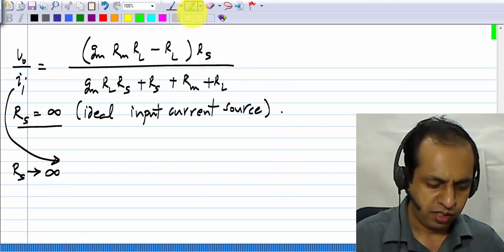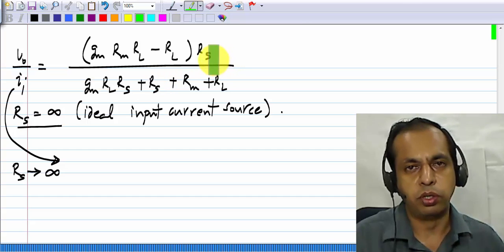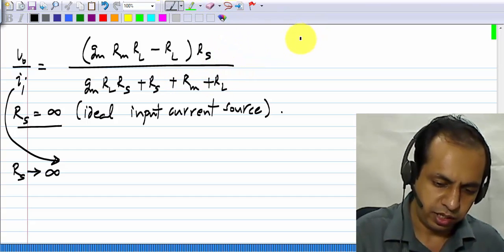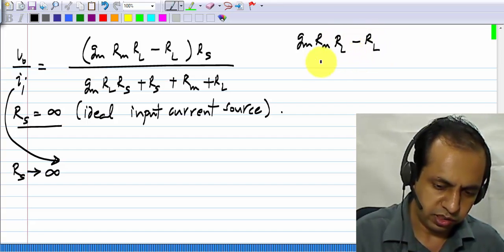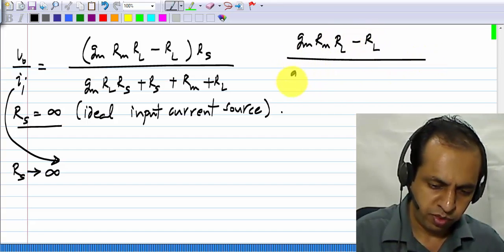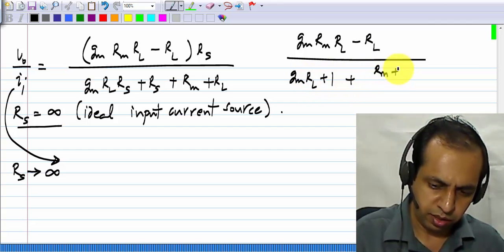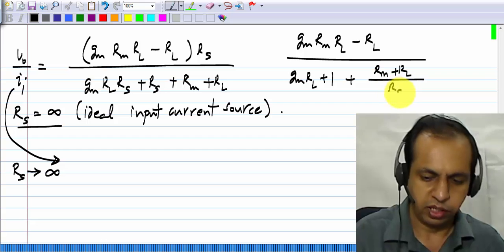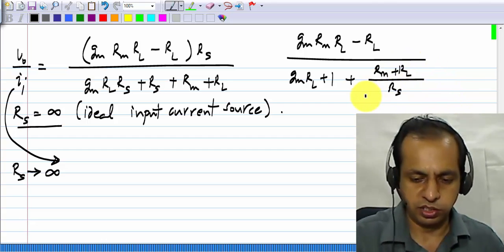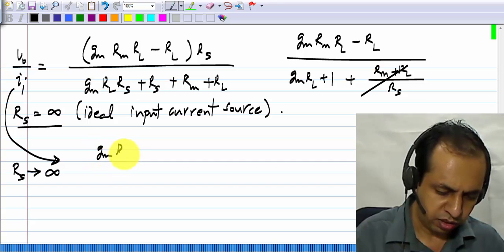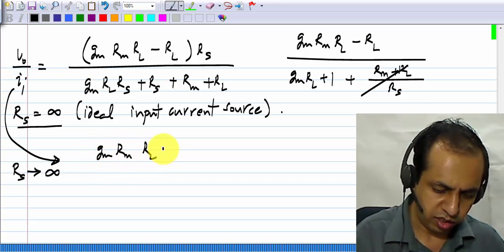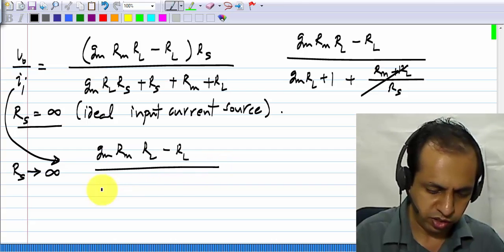It's very easy to do. I divide both numerator and denominator by Rs. I will get Gm Rm RL minus RL divided by Gm RL plus 1 plus Rm plus RL divided by Rs. Obviously, as Rs tends to infinity, this goes away, and I'll have Gm Rm RL minus RL divided by Gm RL plus 1.